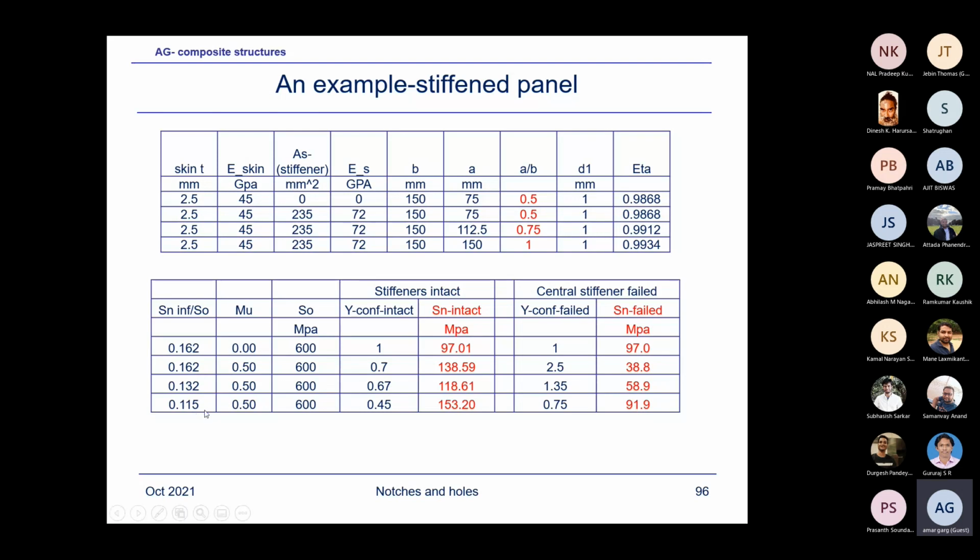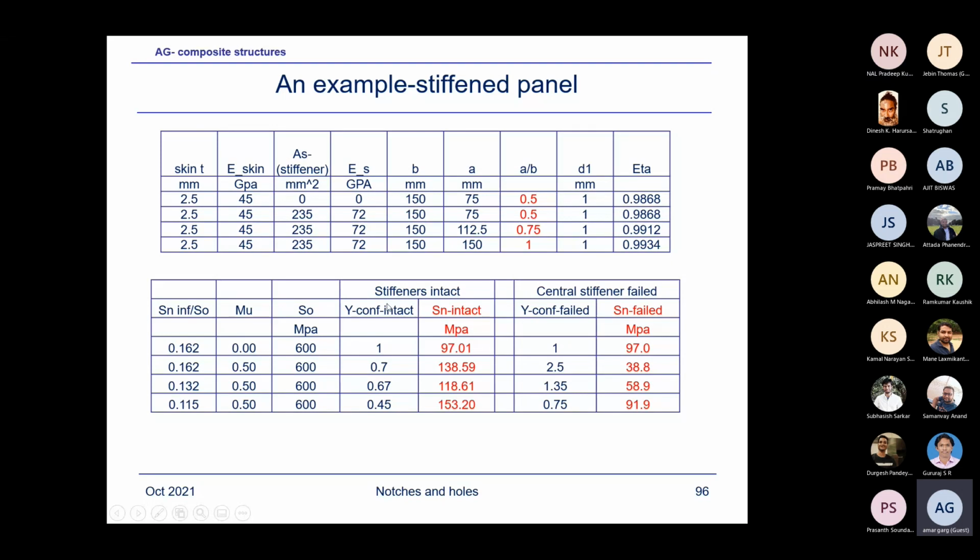In absolute terms, I didn't copy that value for S naught multiplied by this for the unstiffened panel. I didn't copy that cell here, but don't worry about it. Anyway, basically the strength of the panel without the stiffener would be this multiplied by this, all these values.